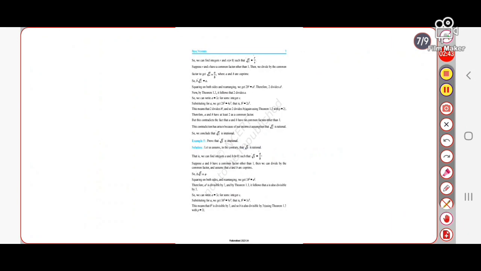Otherwise you may miss some steps, repeat the same steps again and again, and end up concluding a wrong answer. So the first step is we are assuming that the given number is rational. Over here, root 2 is rational.